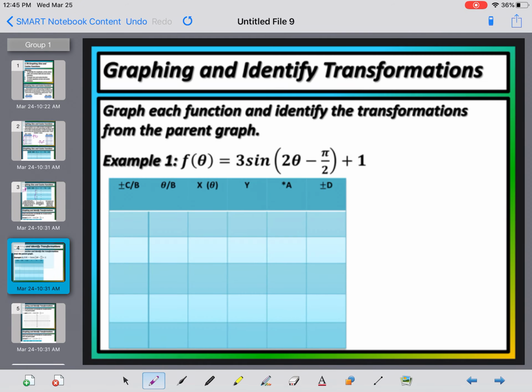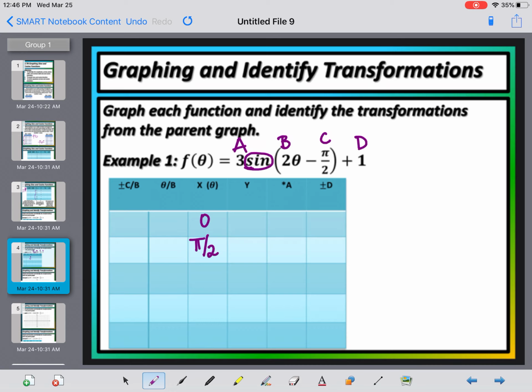So let's see it in action. The first thing I suggest doing is just identifying A, B, C, and D. Note what function you're working with. It's a sine, so that we know what y value to start with. So fill in your x's.